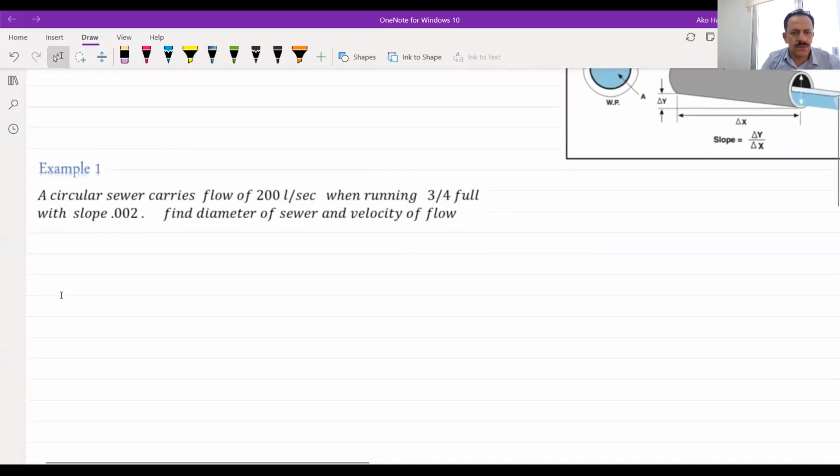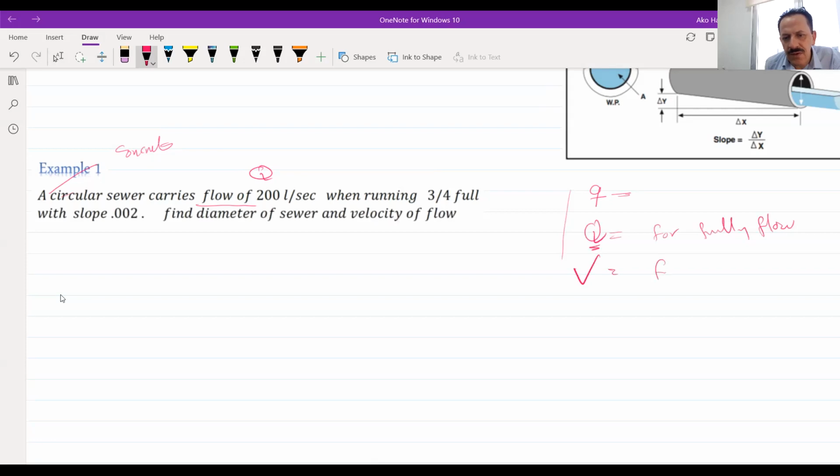In this concrete sewer, we have the flow Q. And by the way, I want you to agree with yourself to use small q and capital Q. Use capital Q for full flow. Use capital V for full flow. Use small v for partial. Use small q for partial.